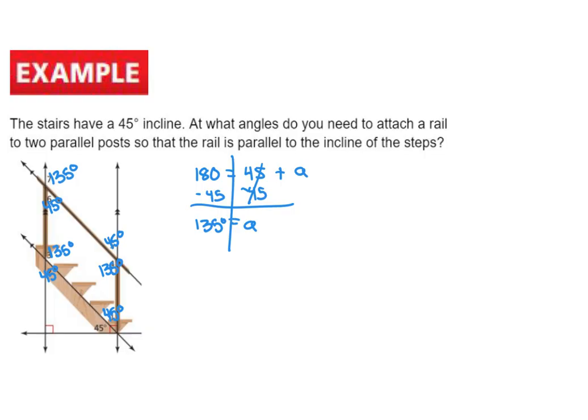So the question was, at what angles do you need to attach the rails? You need to attach the rails so that the measure of angle 5 and 6 are 45 degrees. So angle 5 and angle 6 are 45 degrees. And then angle 4 and angle 7 are 135 degrees.